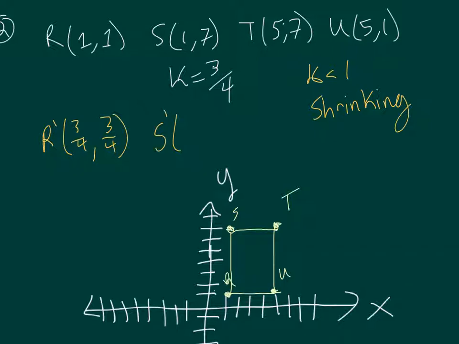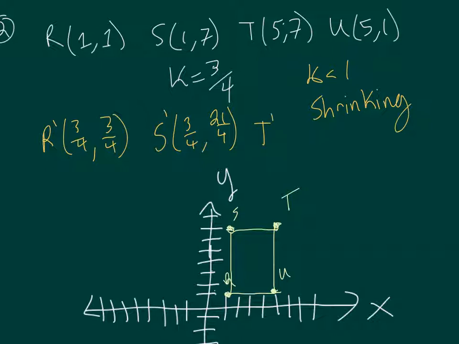If I take 1 times 3/4, that would get me 3/4, comma. Now a little bit trickier. If I take 7 times 3/4, what I really am doing is taking the 7, multiplying it by the 3, and writing it over the 4. So, 7 times 3 is 21 over 4. Easy peasy. That's my S prime.